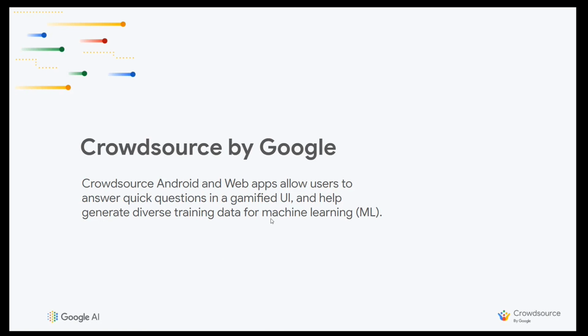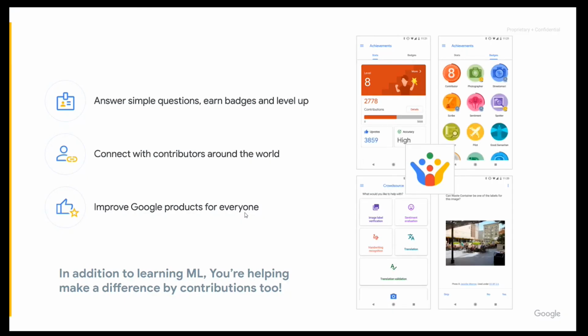Google crowdsource is present inside Android and even on laptops like websites, and it has different modules which try to cover the majority of what we have discussed, like image label verification, sentiment evaluation, handwriting recognition, and translation. We have discussed multiple types of examples, and you can actually create new data sets by giving your responses.